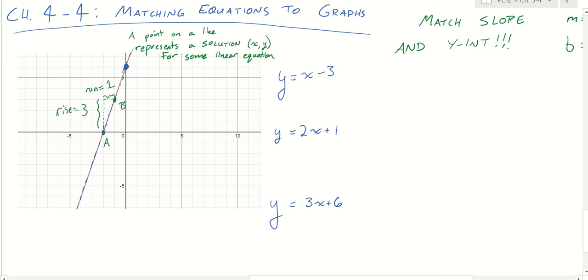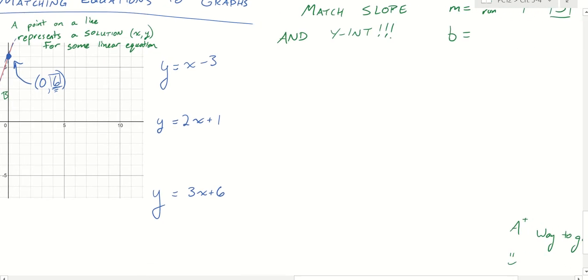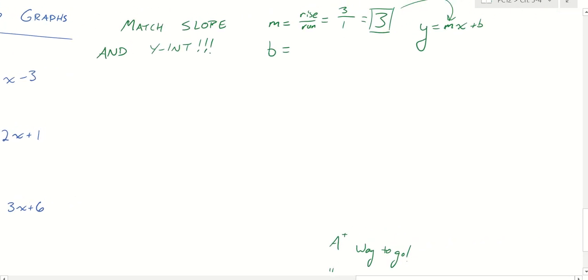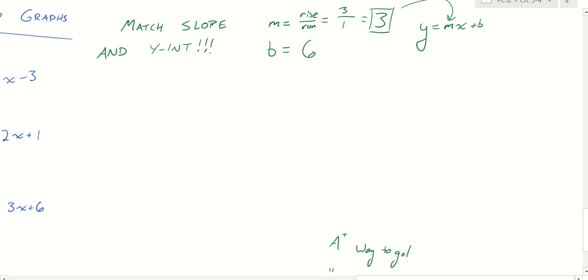So the line crosses the y-axis right here, and that's a point we should be familiar with because we used it in our last example. And here we can see that the y-intercept is 6, so the line crosses the y-axis at a y value of 6. Or in other words, we have a b value of 6. So our b value should be 6.